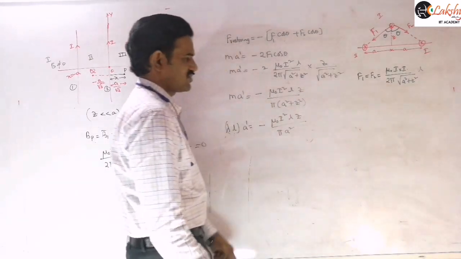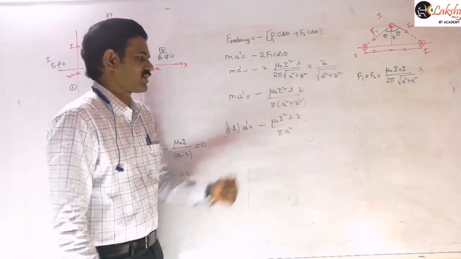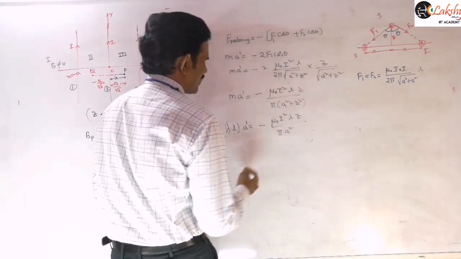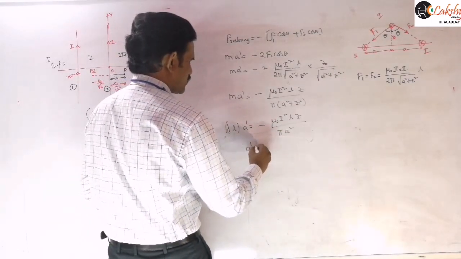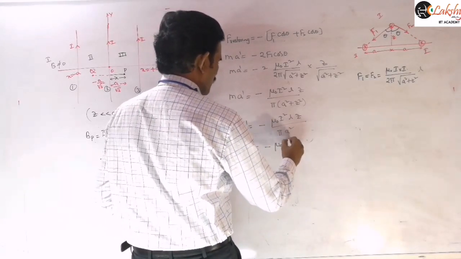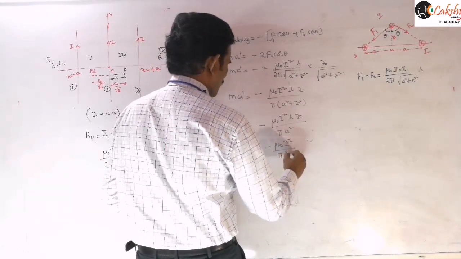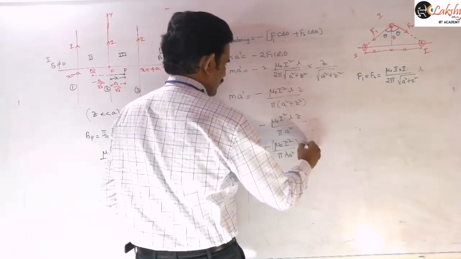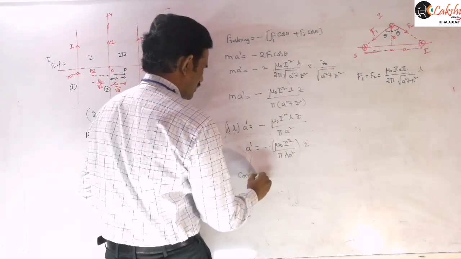So I am neglecting the Z square value, which is very small when compared to A, so I am writing it as A square. Now from this, L also will be cancelled. So A dash is equal to minus mu naught into I square by pi into lambda into A square into Z. Now compare with our equation of SHM here.